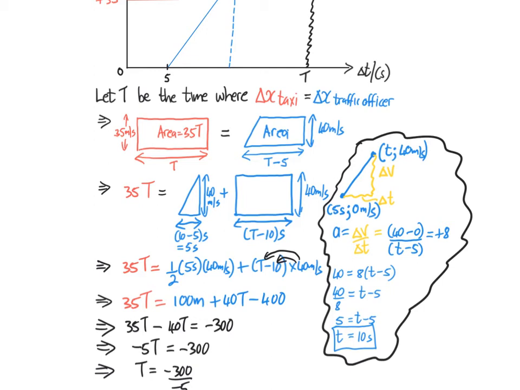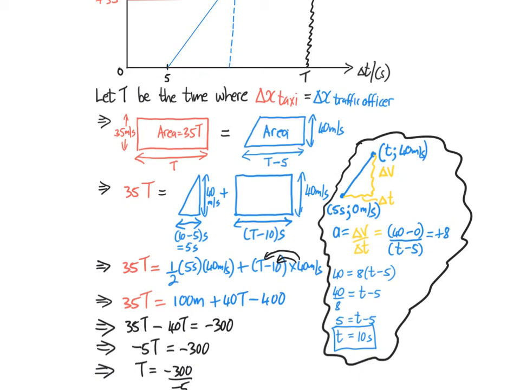That was given to us in the original statement of the problem, and the acceleration is the gradient of a velocity time graph. So 40 minus 0 is the change in velocity. T minus 5 is the change in time over this time interval there.